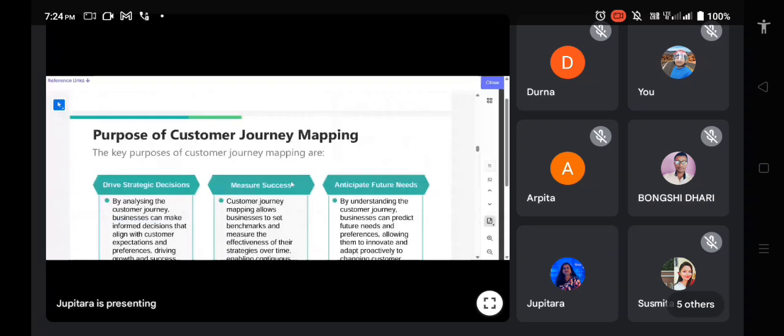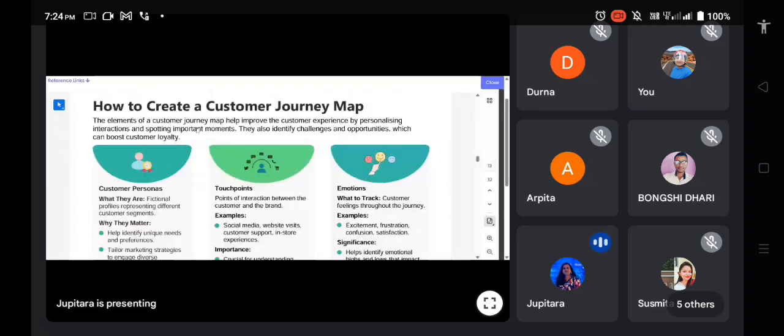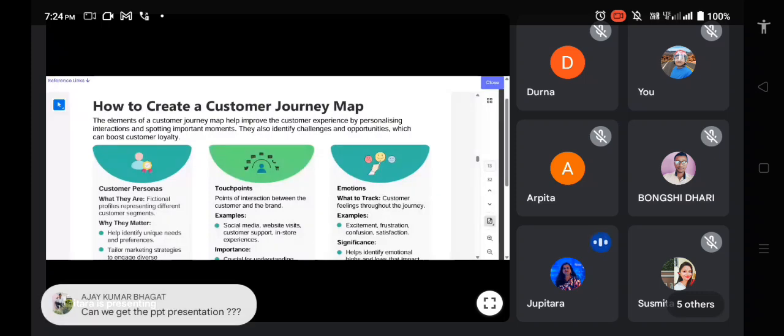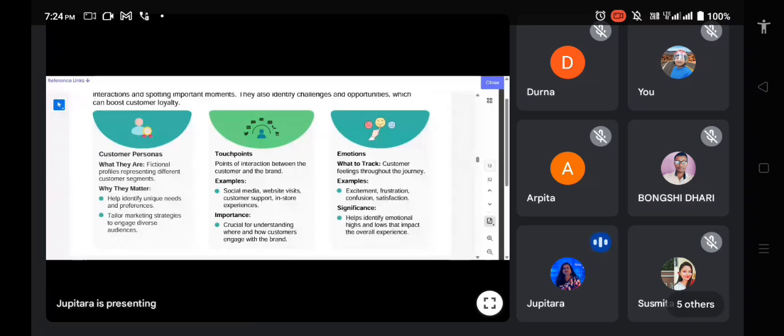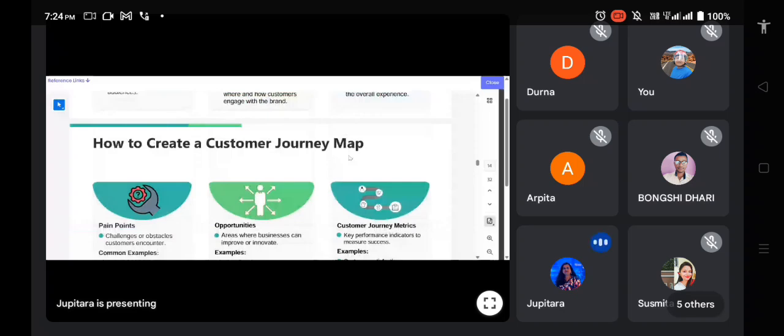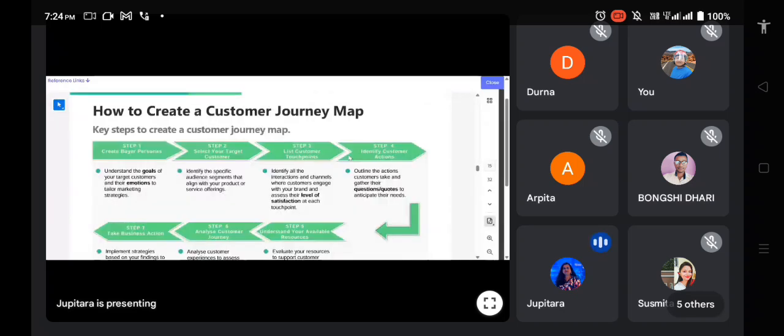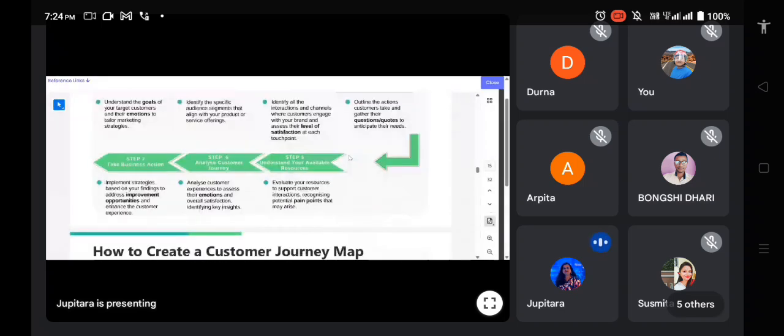Okay, how to create a customer journey map. Here are the points which you need to take into consideration when you make it. Yes, you can give PPT presentation, no problem. Okay, so everything is there in the slide, you just need to go through.